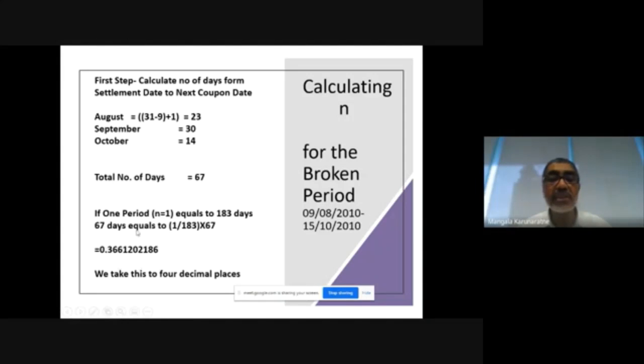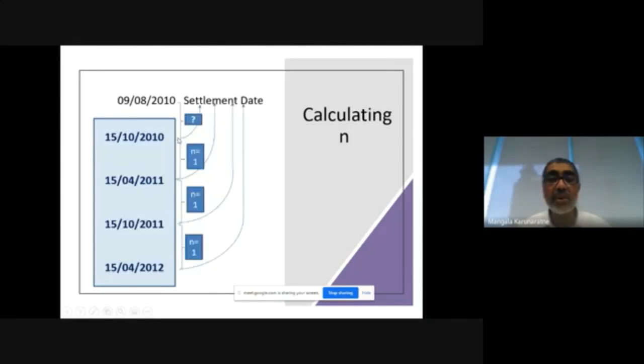This whole coupon starts precisely on 15th April, and 15th April to 15th October is 183 days, right?